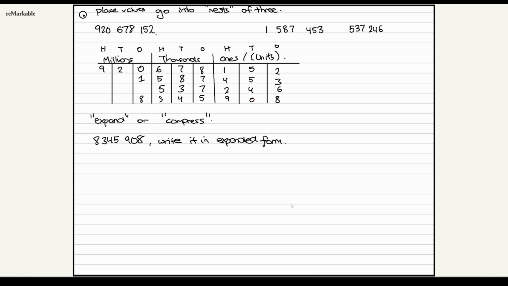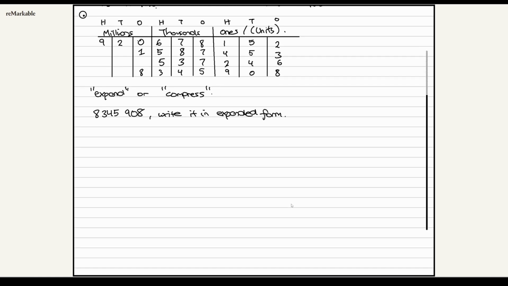If we've got 8 millions, what does that mean? Well, if we have 8 fives, that makes 40, right? We're doing 8 times 5 is 40. So if we have 8 millions, then we're going to do 8 times 1 million, just like that.